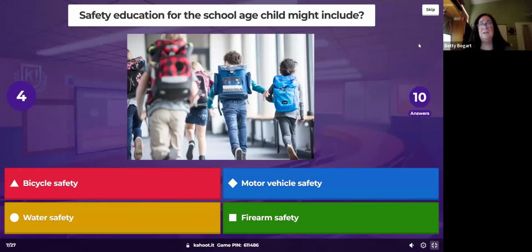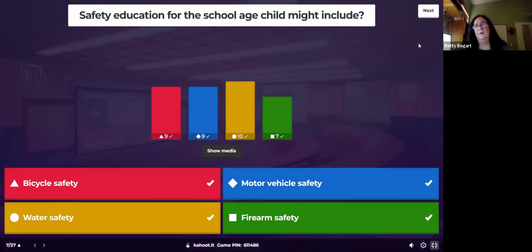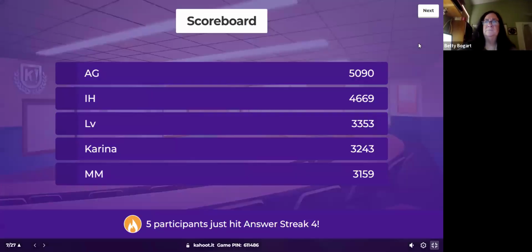Part of my PhD dissertation was all school-age children, and I learned that we're missing the boat if we're not teaching these kids, because they do want to please and they do want to learn. So, safety education for everything: the bicycle, the water, the motor vehicle, firearms, all of it. Anything we can do for these children at that age, yes.